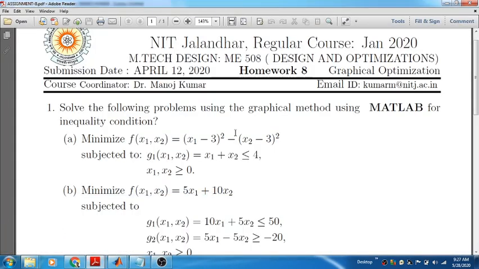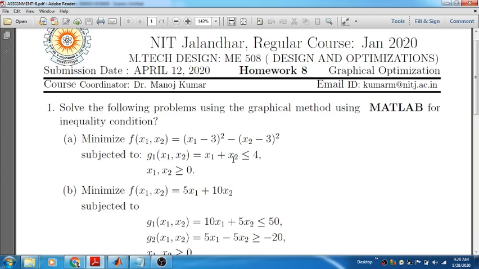The problem here is that we need to minimize this function, subject to g: x1 plus x2 less than 4, and x1 and x2 greater than 0.